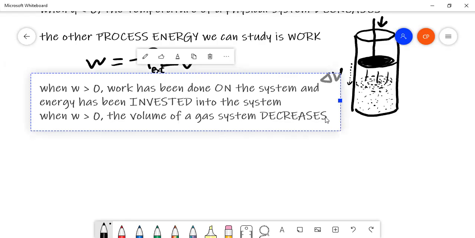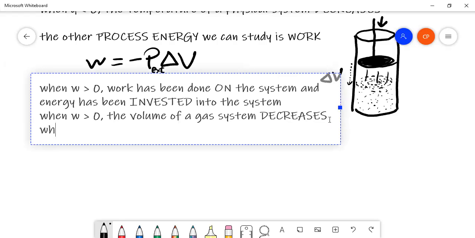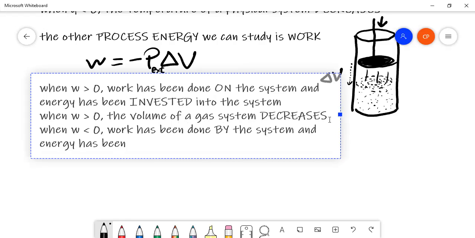So let's do the flip side. When W is negative, commonly we refer to W as negative, representing work done by the system.